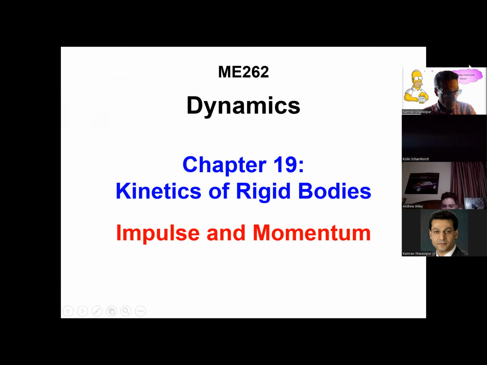So again, I repeat that we went through the same steps for particles: kinematics, Newton's second law, work energy, and impulse momentum. We did the same for rigid bodies: kinematics, Newton's second law, work energy, and now impulse momentum. And we briefly discussed at the beginning of each chapter for the rigid body what is the major difference between particle and rigid body.